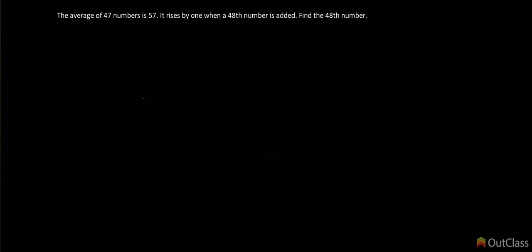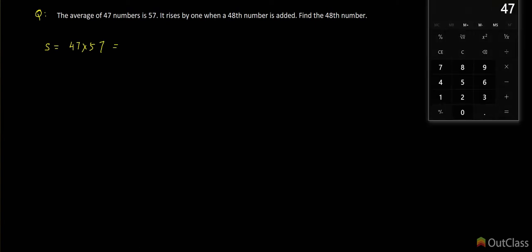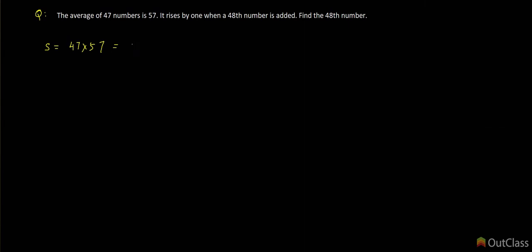Let's look at a very simple and direct question. The average of 47 numbers is 57, and it rises by 1 when a 48th number is added. Find this 48th number. The traditional approach would be to say that the old sum would be 47 into 57, which is how much? 47 into 57 is 2679.